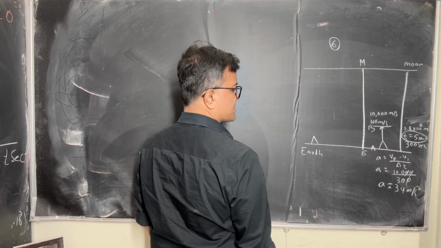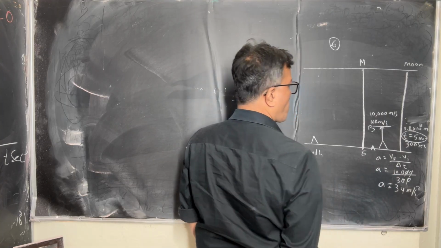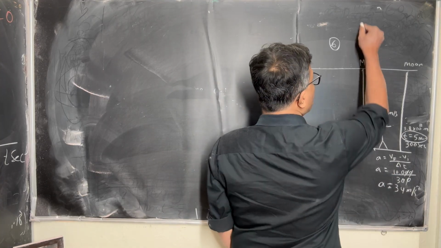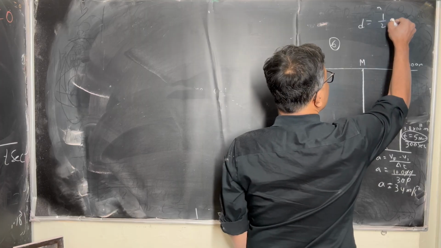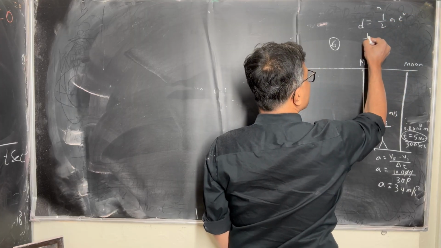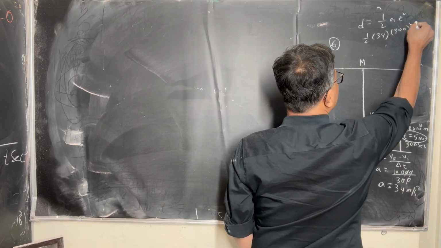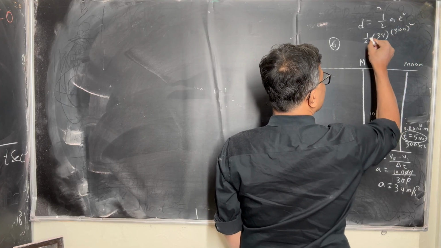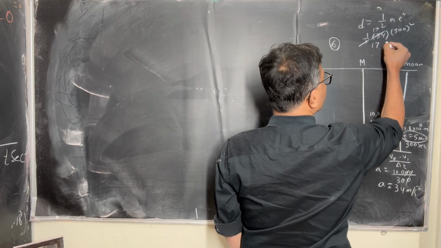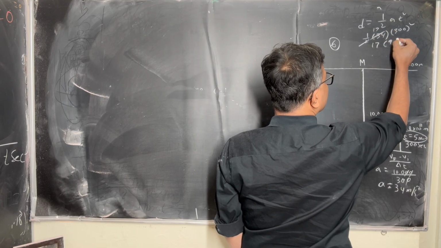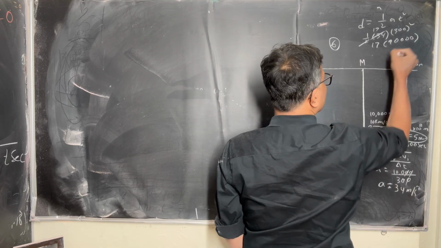How much distance does it move for this long? d is equal to half a t squared. Half of 34, 300 squared.